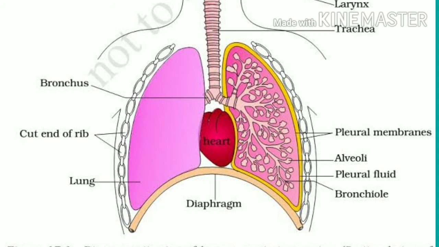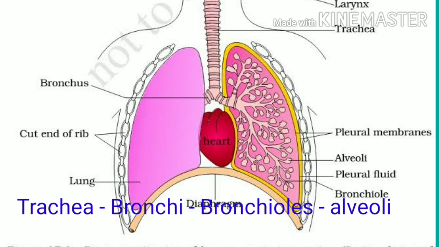Look at the picture. Here is a diagrammatic representation of the human respiratory system and a sectional view of the left lung. Here the ribs and the pleural membrane protect the lungs from external injuries and strokes. If you observe carefully, the heart is situated between the two lungs. The air pathway into the lungs is trachea, bronchi, bronchioles, and finally the alveoli of the lungs.